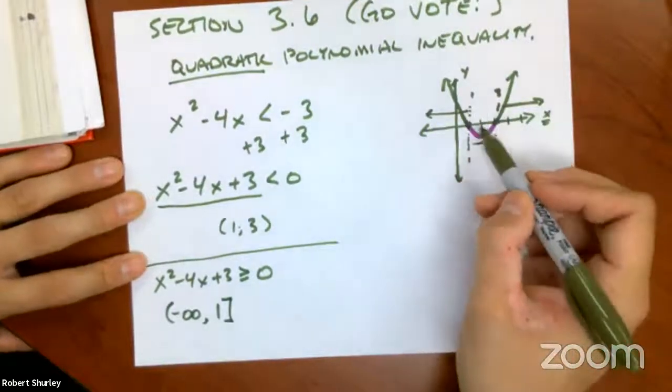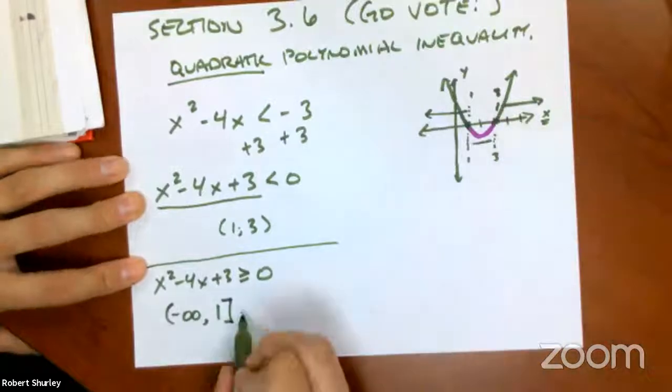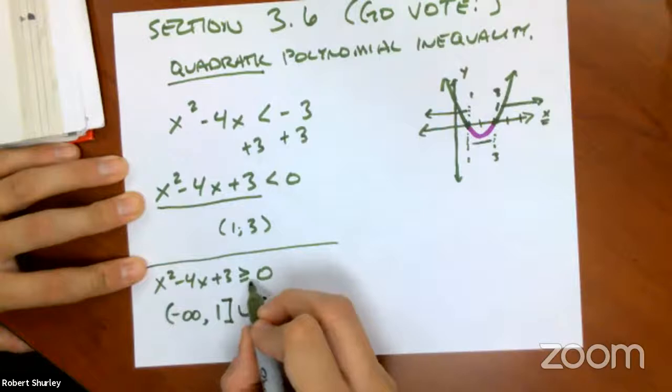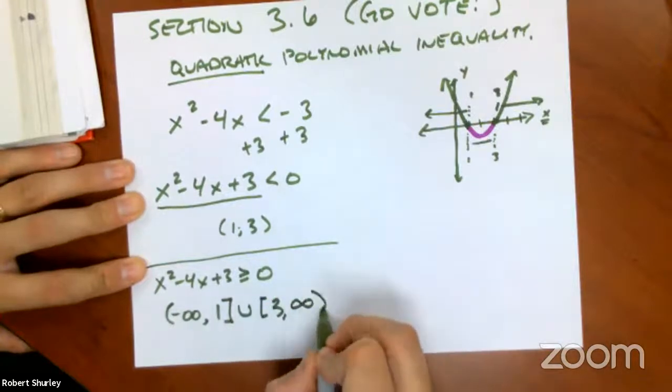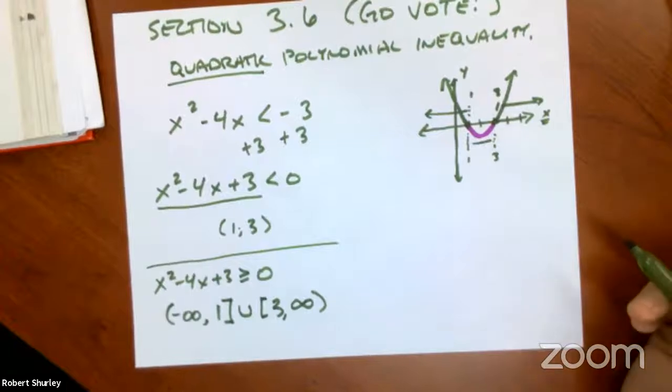Now look at 1, we go under 0, so that's the less than stuff. And then at 3, union, remember that's an or, we're going to include 3 because it's an equal to, to infinity. Okay? Questions? Let me see another example before it really clicks.